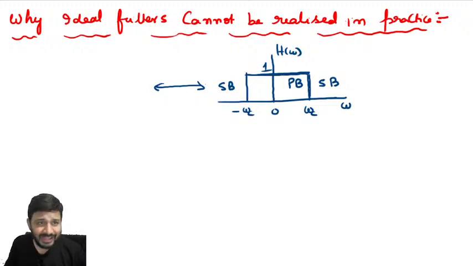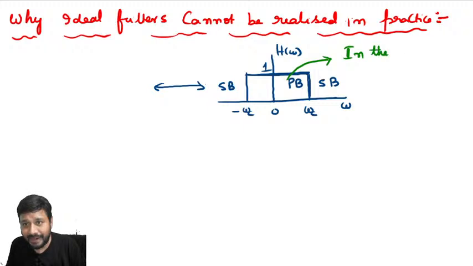Can I say one important statement: in the pass band, transmission must be distortionless? Observe here, in the pass band of any filter, transmission must be distortionless. Whenever we pass a signal through a filter, we must get the exact shape. So in the pass band, the distortionless transmission conditions must be satisfied.